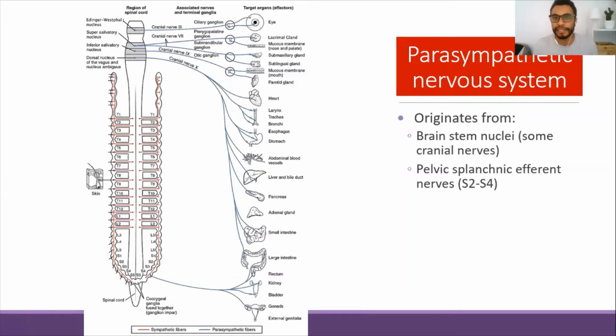The cranial nerves are considered part of the peripheral nervous system. We have also some parasympathetic fibers in these pelvic splanchnic efferent nerves that we see here in the sacral segments S2 to S4. And you see here these different viscera that can be innervated by different segments of the parasympathetic nervous system.